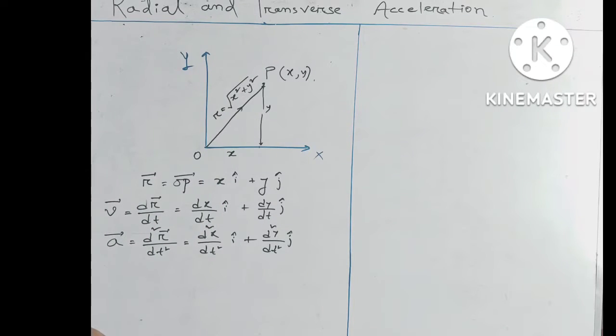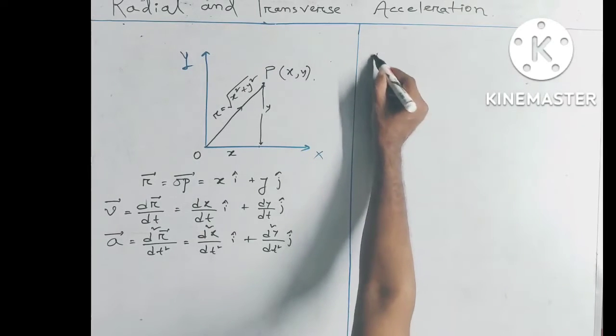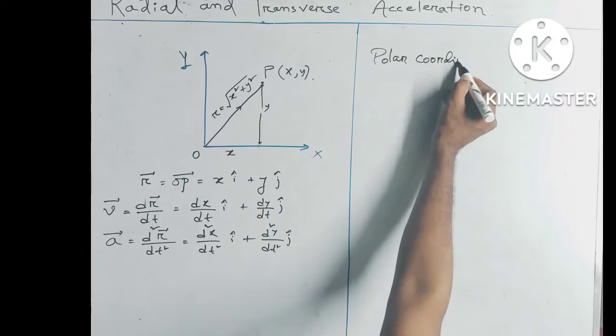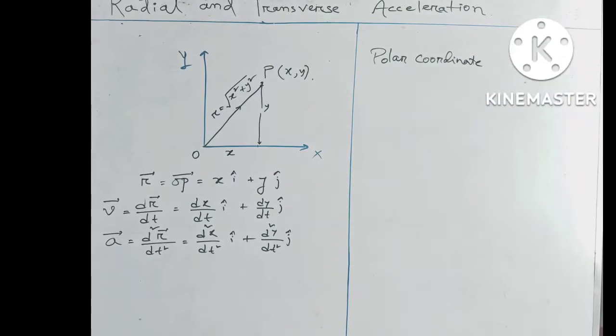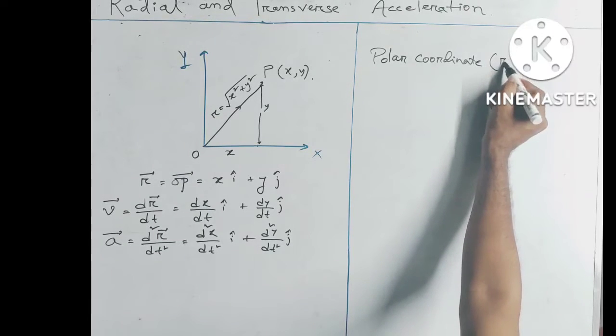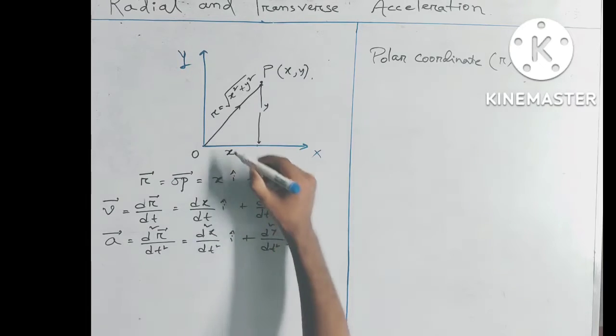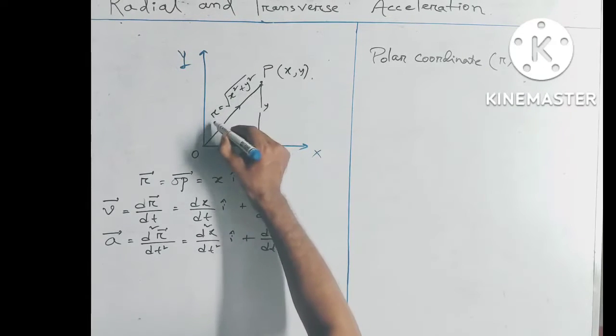Okay, now we will move from Cartesian to polar coordinates. So let's see what happens in polar coordinates. In the case of polar coordinates, we will have two axes: one is r and the other is theta, the radial and transverse axes.